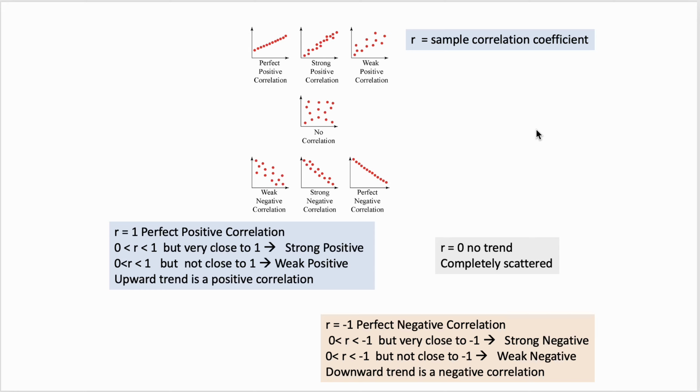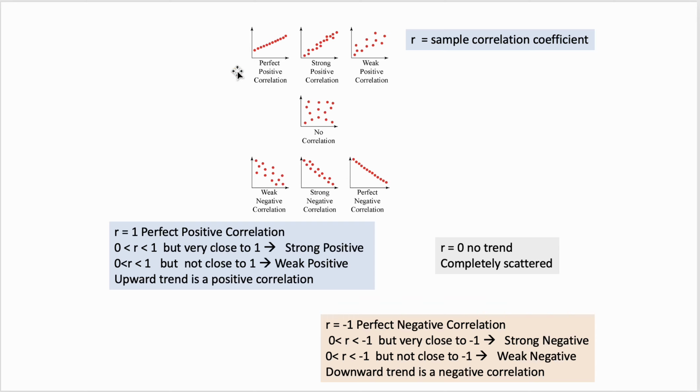But we do have to worry about deciding how to describe a scatter graph, looking at a scatter graph and describing whether it's going to have a positive, negative, or zero value.